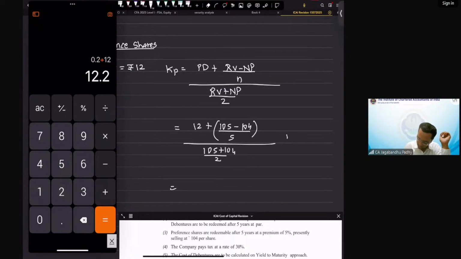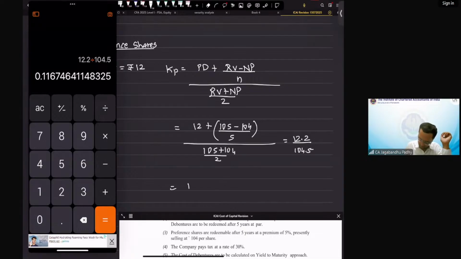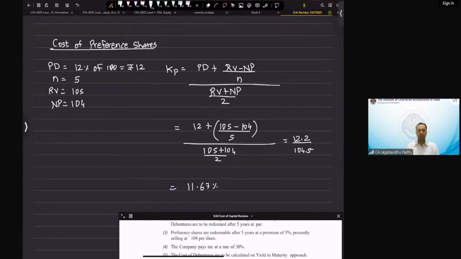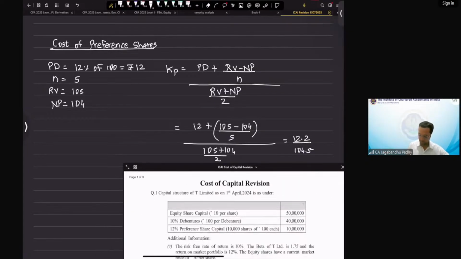That's 12.2 divided by 104.5. That's 11.67%. Cost of preference share is 11.67%. Okay. So we're done with cost of preference shares.